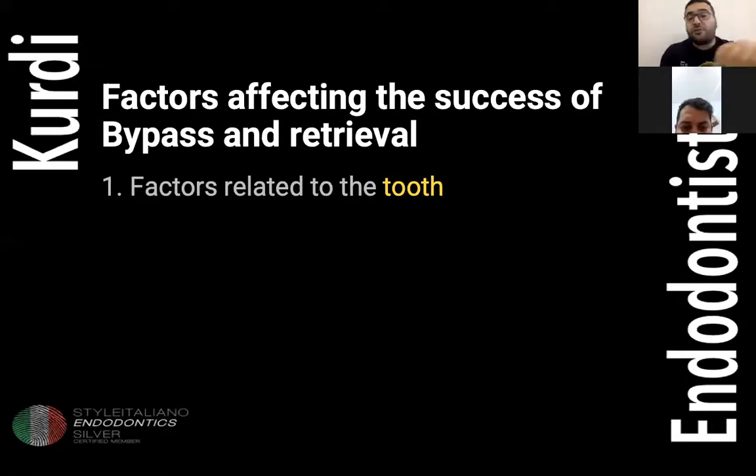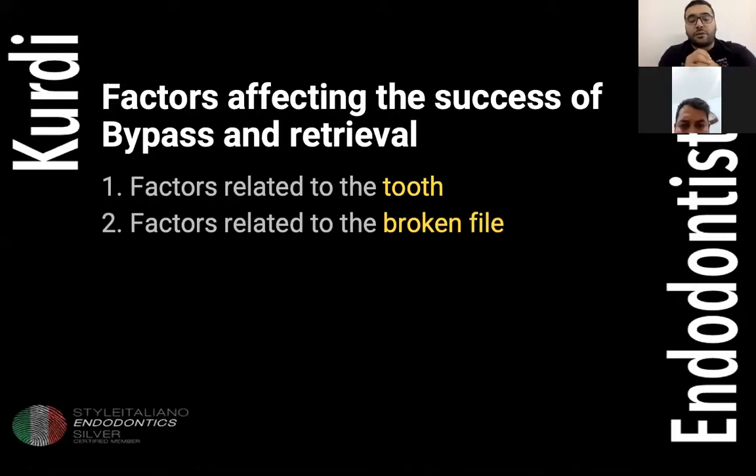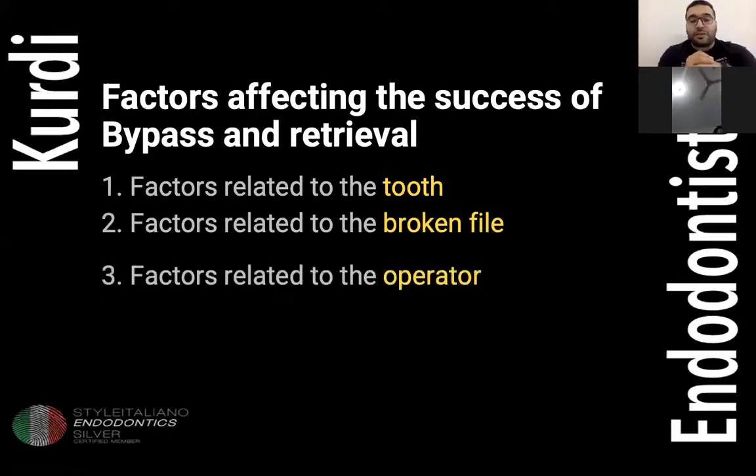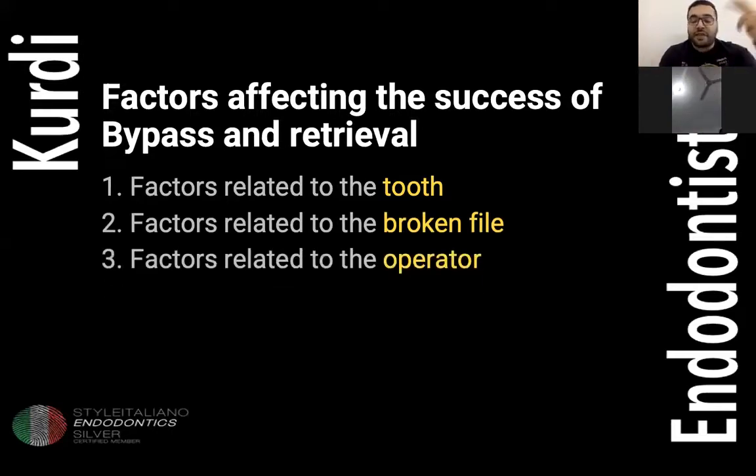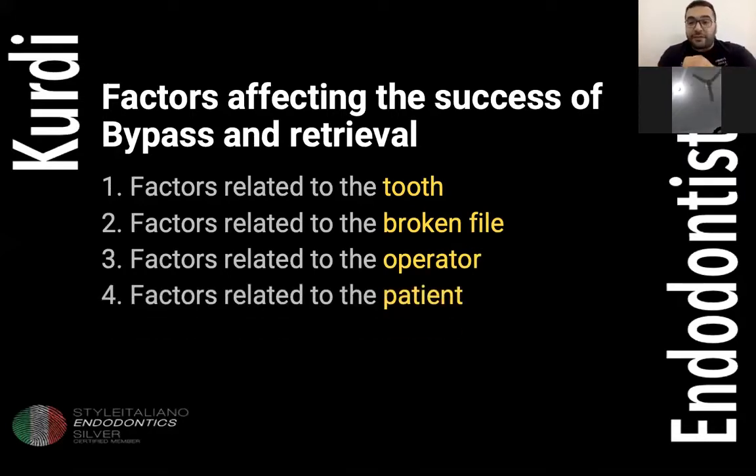These factors will affect your decision to choose which treatment option, and also will affect your bypassing or retrieval, as we will see. We have factors related to the tooth, we have factors related to the separated file itself, we have factors related to the operator, and we have factors related to the patient.